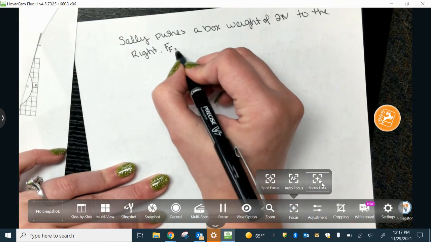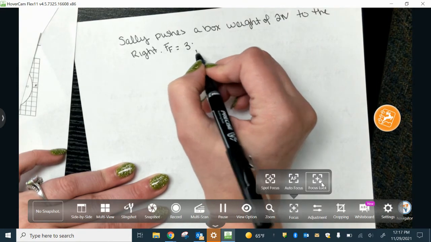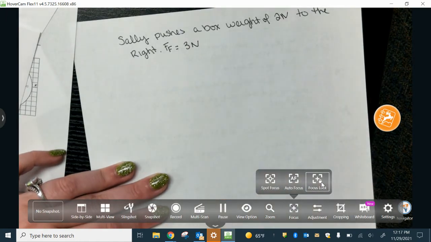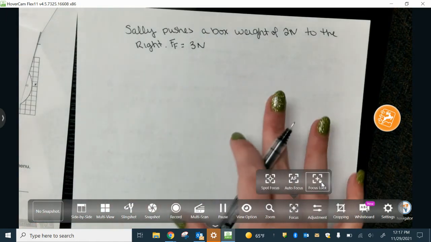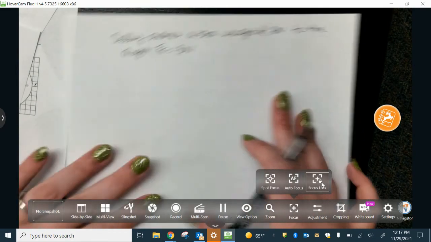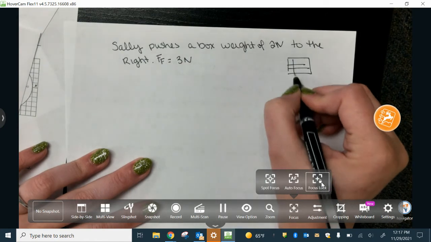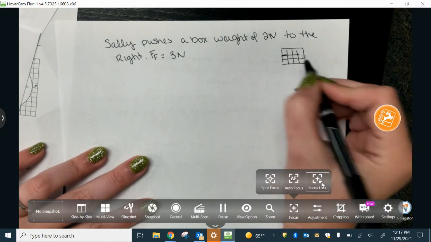The force of friction from the carpet is going to be 3 newtons. We saw on a test that looked like this. Each newton I'm going to represent with one block, one box.